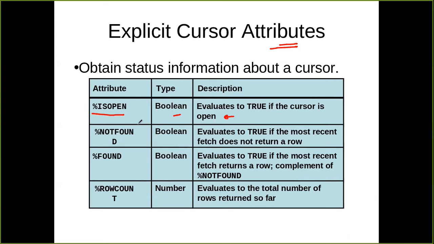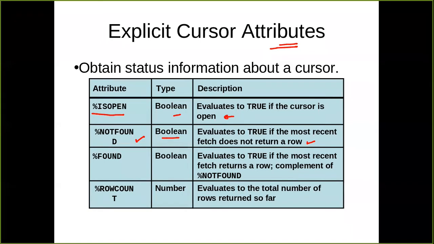Then we have percentage not found, which is again a boolean type that evaluates to true if the most recent fetch does not return any row. So when you have fetched the last row and after that you try to fetch data from the cursor, then this variable will become true, otherwise by default it will be false.